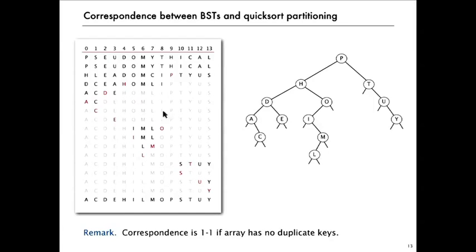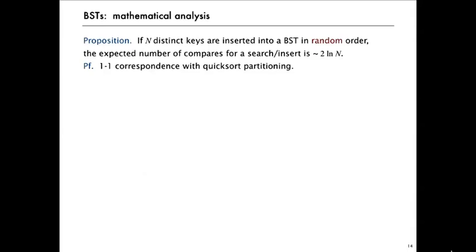So there's a direct correspondence. If there are no duplicate keys, which we've ruled out in BSTs, there's a one-to-one correspondence between what happens with quicksort and what happens with binary search trees. And we point that out because that helps with the mathematical analysis.